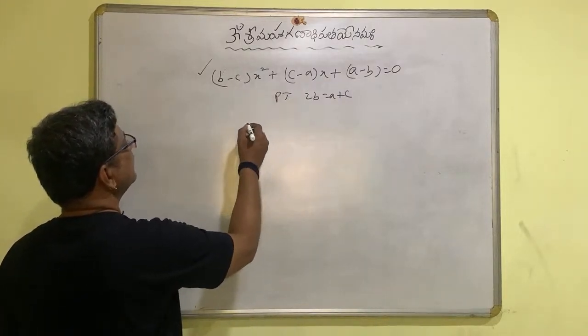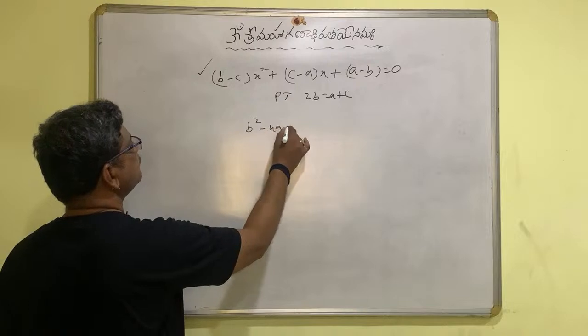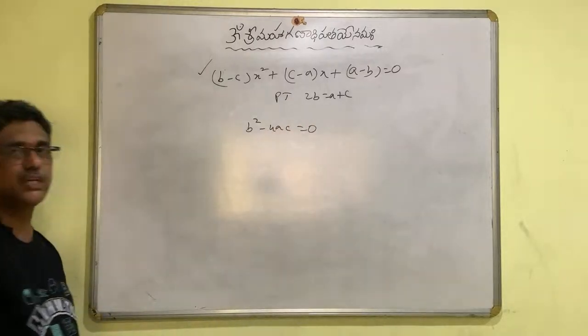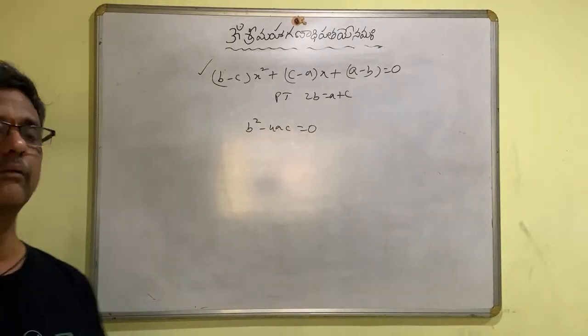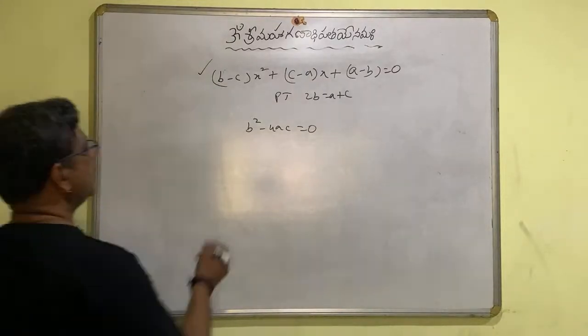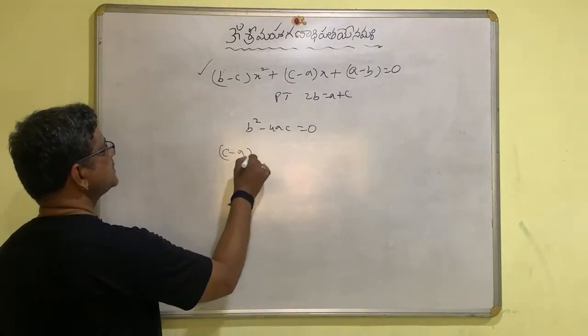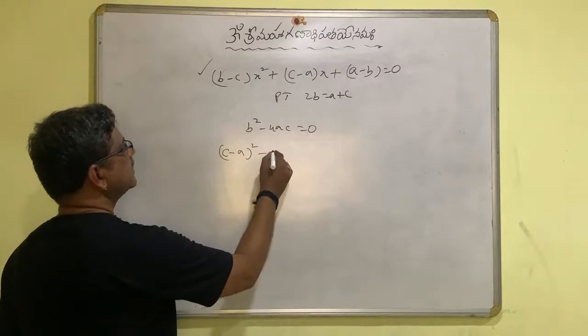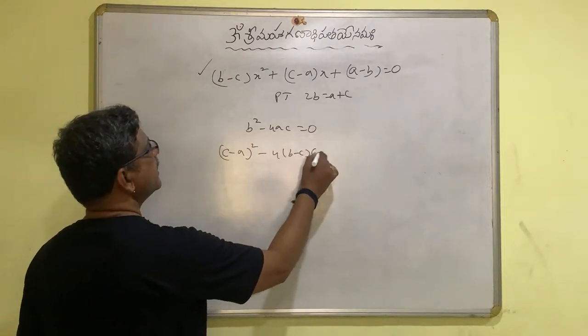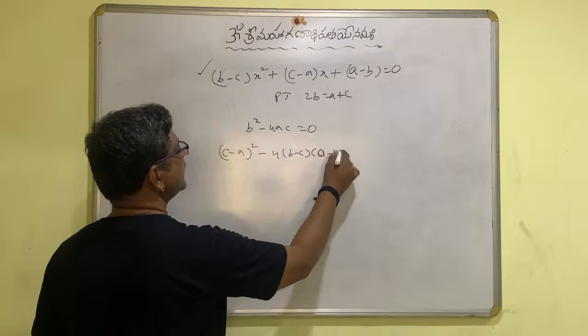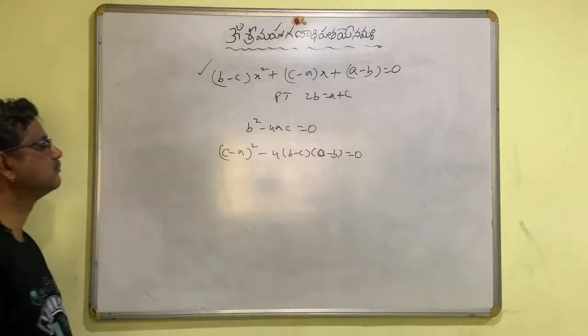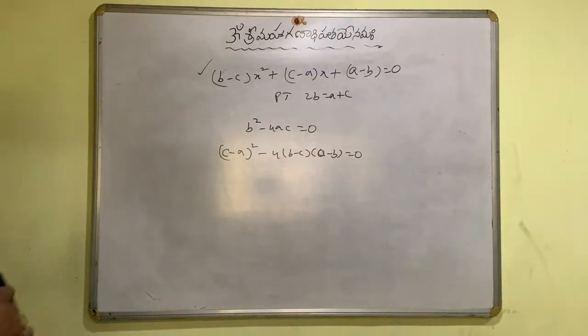So according to the given equation, b square minus 4ac is equal to 0. Discriminant 0. Now what is b square? c minus a whole square minus 4 into a into c is equal to 0.